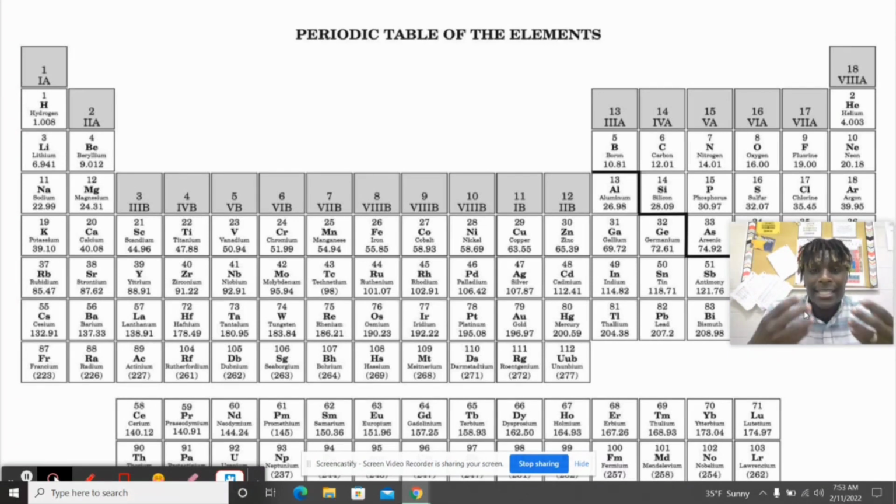The periodic table is a list of all the known elements. How is it arranged? The periodic table is arranged in increasing atomic number. So that is how the periodic table is arranged.